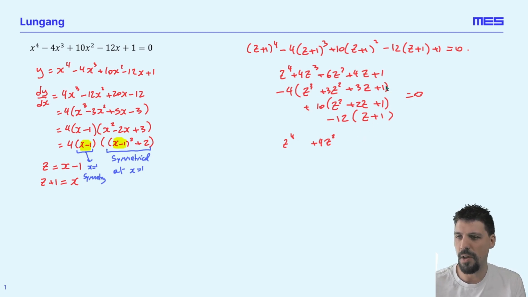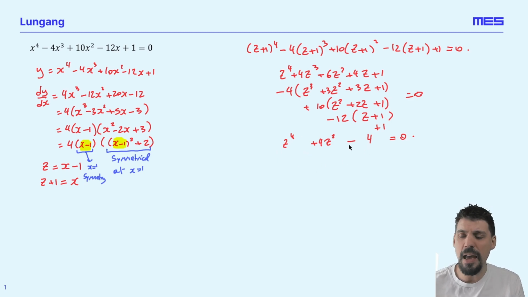Constants: 1 minus 4 is minus 3, plus 10 is 7, minus 12 is minus 5. Oh no, we forgot that cheeky plus 1, so this is a minus 4. Too bad, that was going to factorize for me. Got excited there for a second.